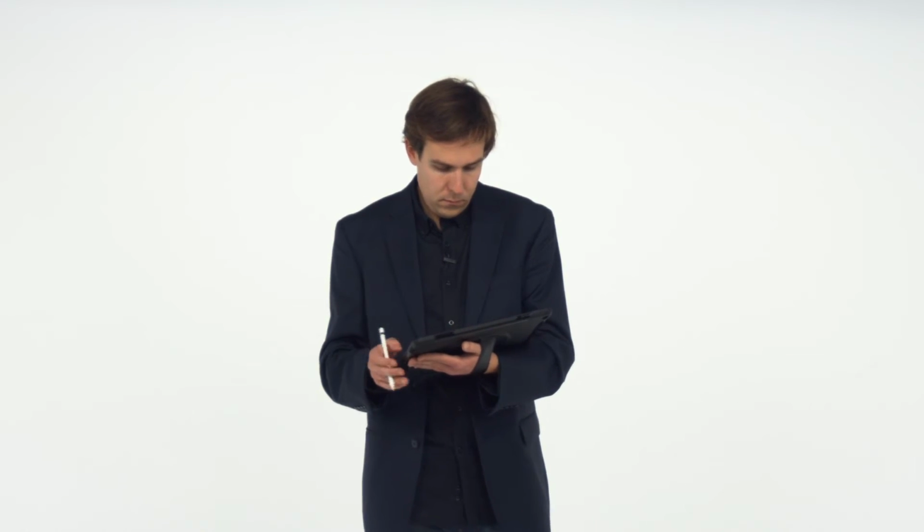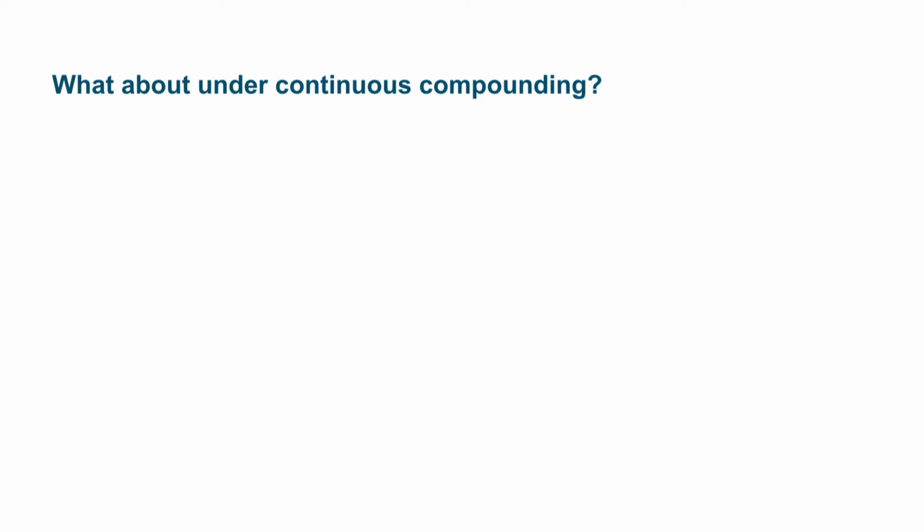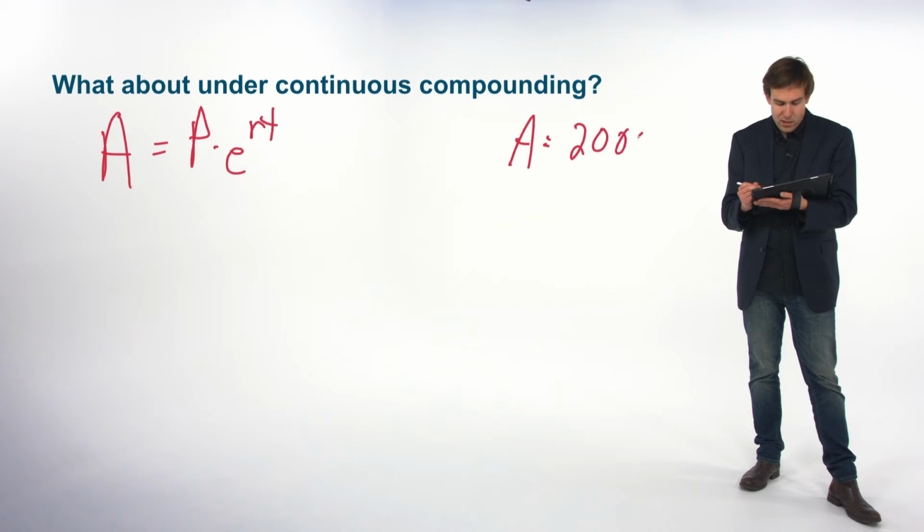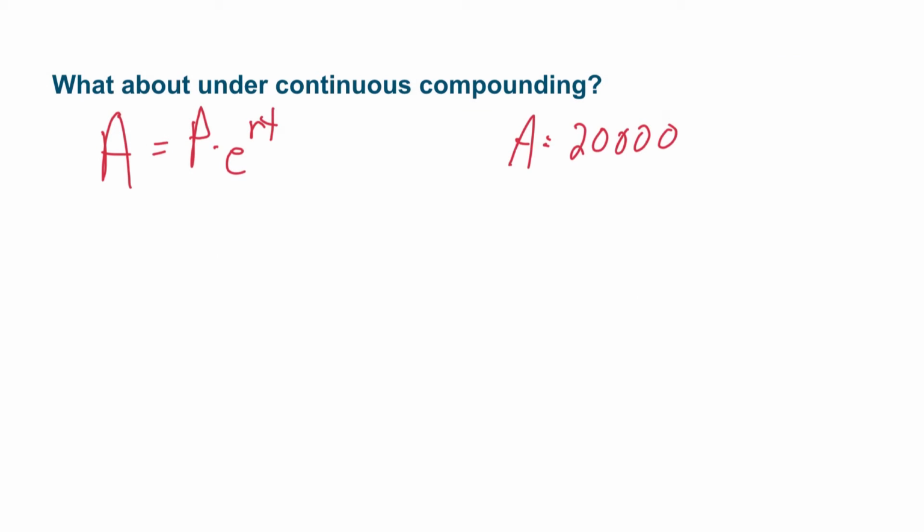We can also look at how much we would need to invest under the model of continuous compounding. Here, the model is a bit simpler. The amount in the future is equal to the amount today times e^(rt). So again, A is known as 20,000. This is how much I need in the future.